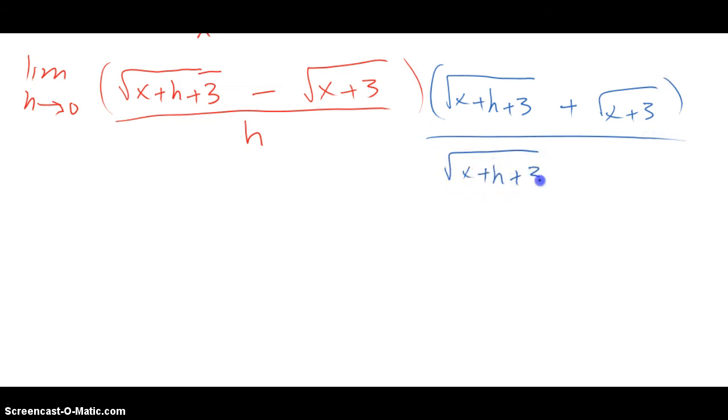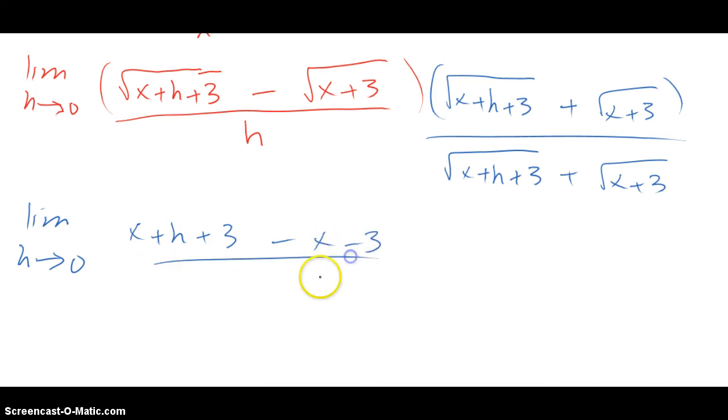Almost seems pointless to do this, but you'll see that it helps us find our limit point. So now we're going to get limit as h goes to 0, and when we multiply them together we're going to get x plus h plus 3 minus x minus 3 all over h.